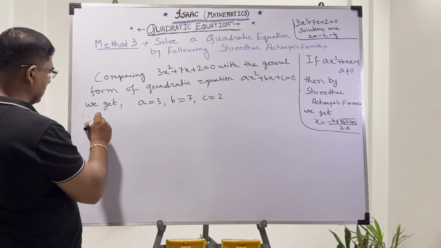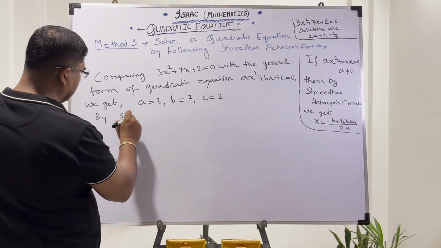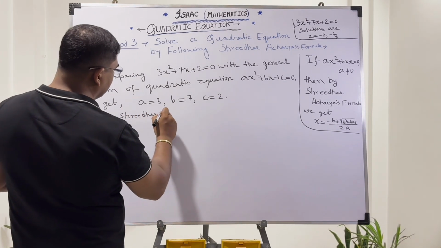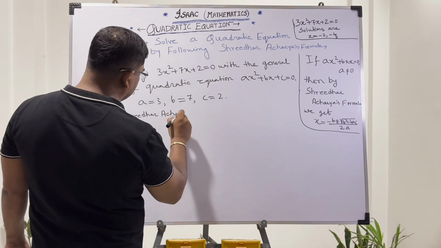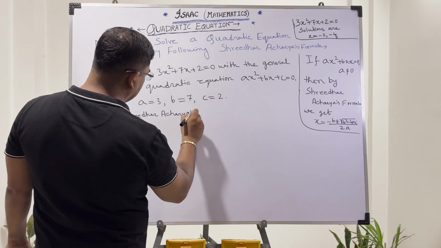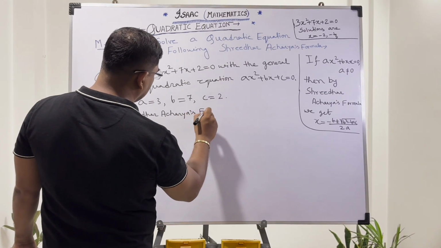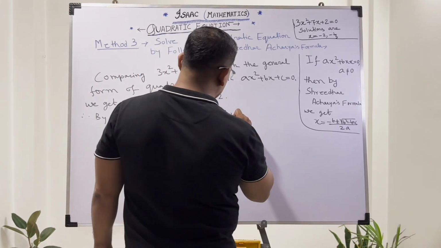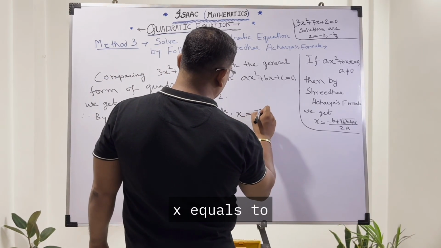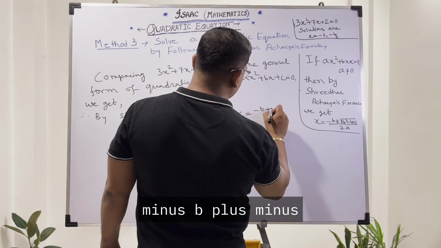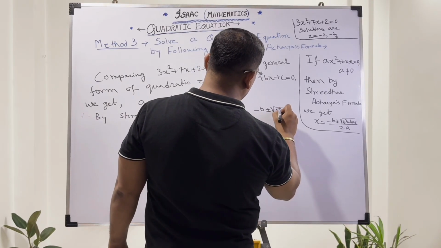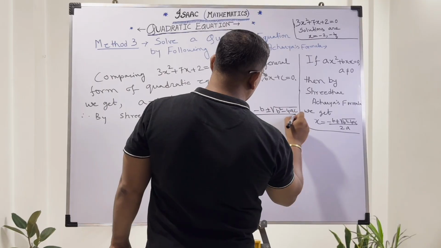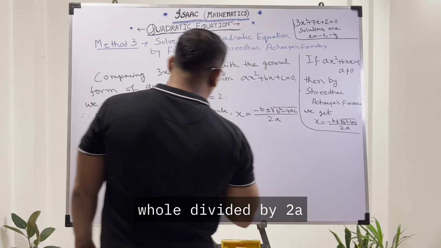Therefore, by Sridhar Acharya's formula, x equals to minus b plus minus root over of b square minus 4ac whole divided by 2a.